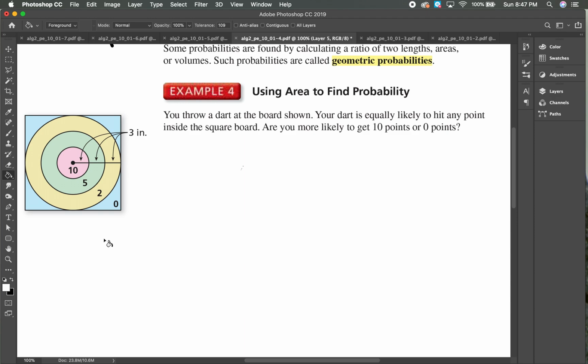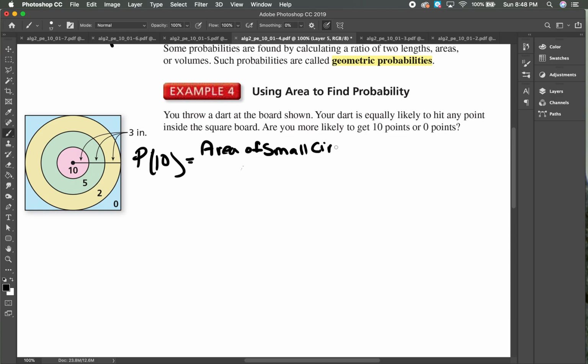This is where we're going to have to come up with some way of looking at the probability of these two events. First off, to find the probability of landing in the 10 area, this area right here, we're going to look at a ratio of the area of just that small circle compared to the area of the entire board.